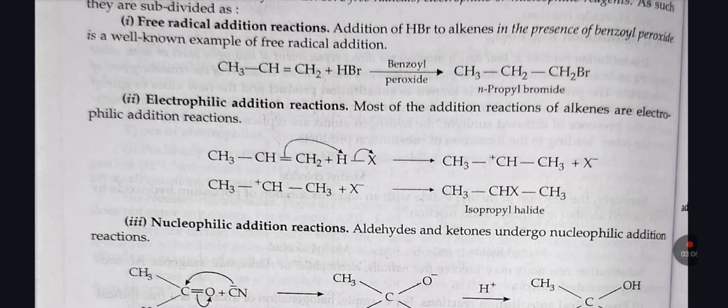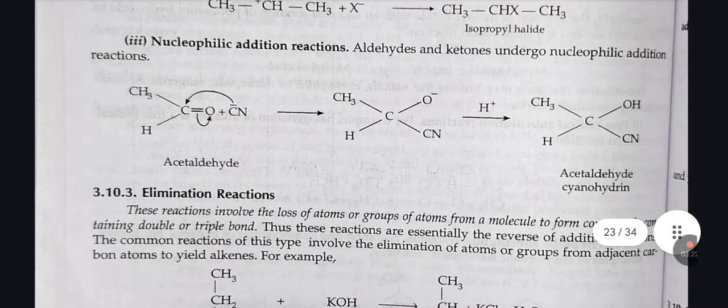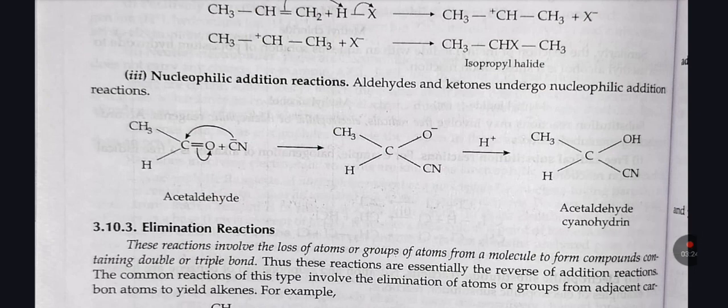Electrophilic addition reaction. Most of the addition reactions of the alkenes are electrophilic addition reactions. CH3 CH double bond CH2 plus HX will give CH3 CH positive CH3 plus X negative. CH3 CH positive CH3 plus X negative will give CH3 CHX CH3.